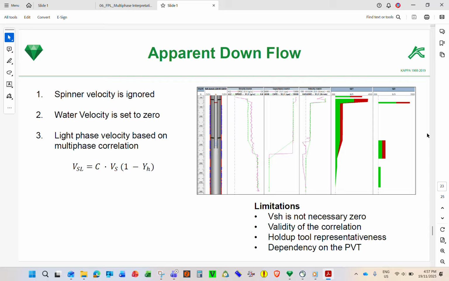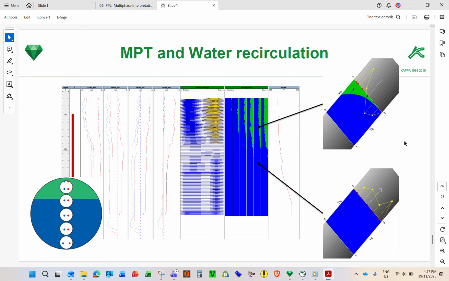Okay, so this one is the Schlumberger FSI. This is the tool. At the top you have the spinners. This is the FSI spinner: 1, 2, 3, 4, 5. Number 3 is the contact spinner.